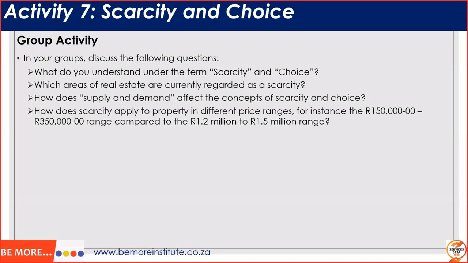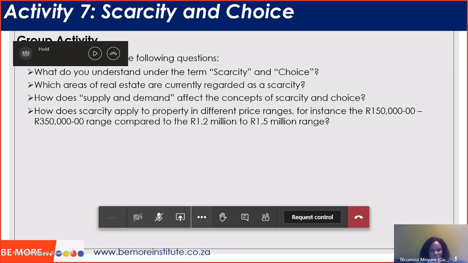And then the next question, how does supply and demand affect the concepts of scarcity and choice? So please, we would like to get your understanding of what this means. And then the last one is, how does scarcity apply to property in different price ranges?